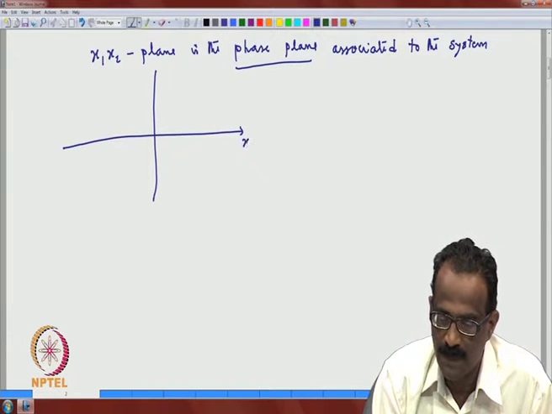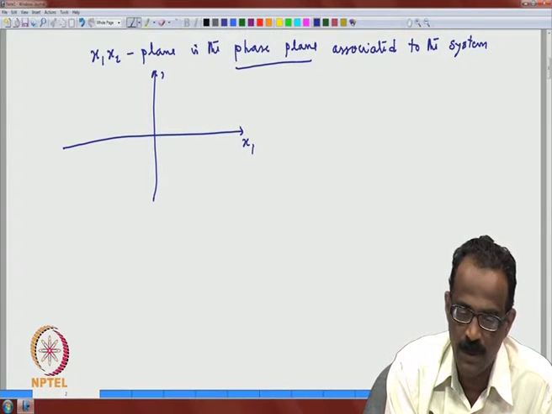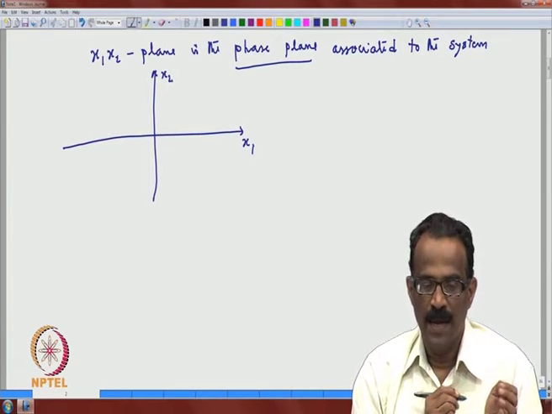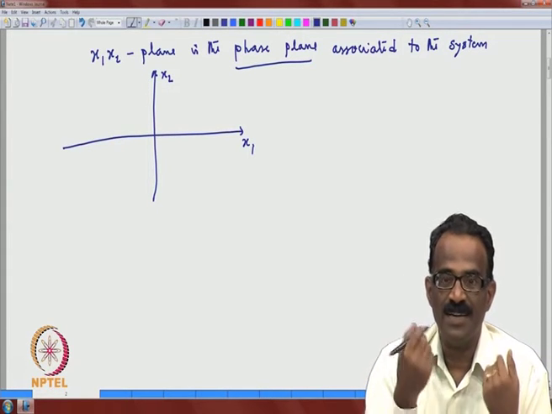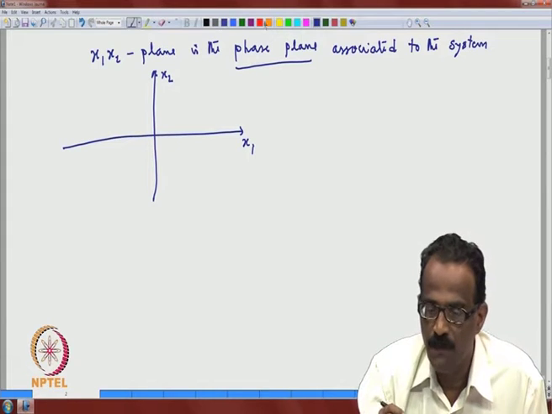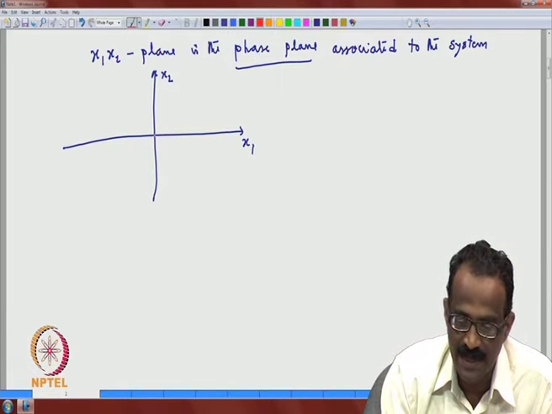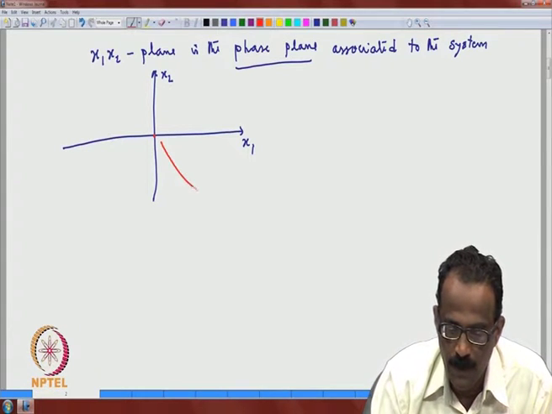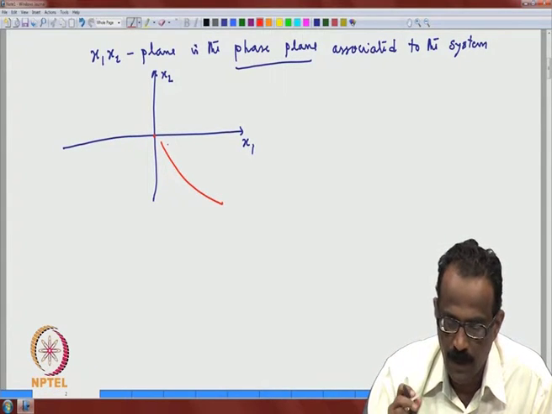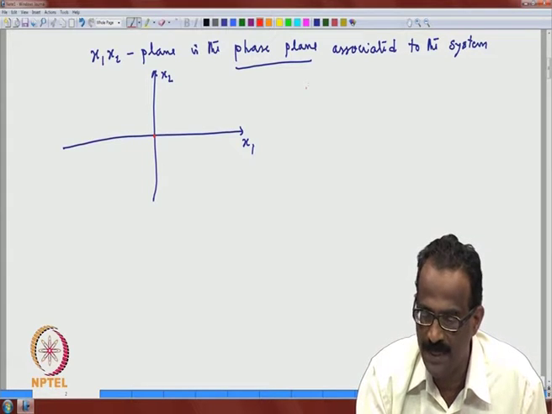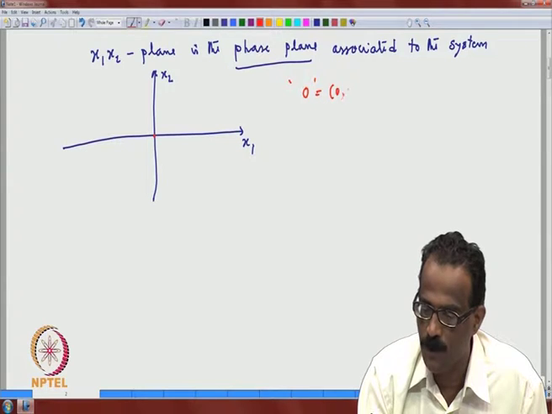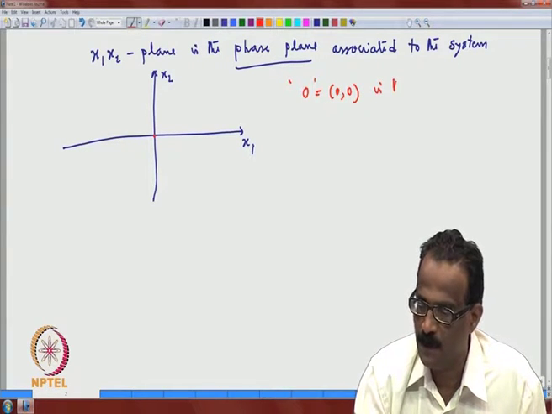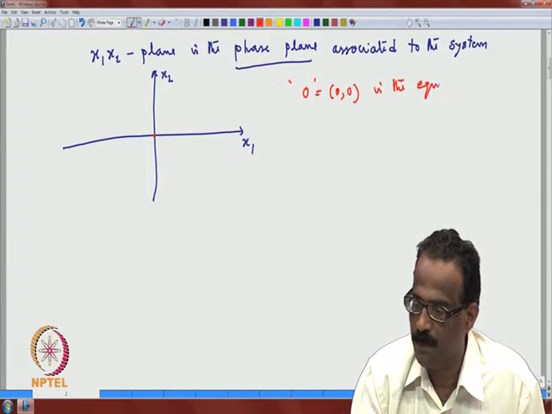You see, you have x1 here, you have x2 here, and then you want to see how the trajectories will move along that. As we said that A is an invertible matrix in this case, the origin (0, 0) is the equilibrium point, which is a solution.